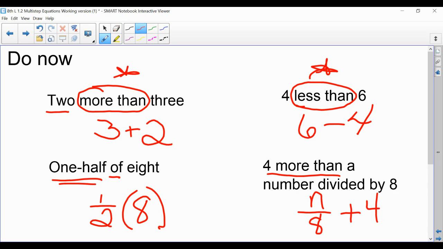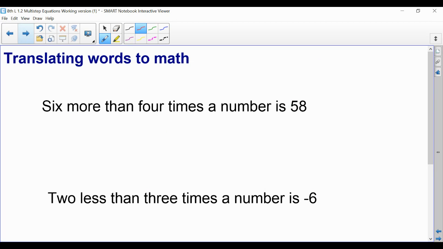But then we need to turn those into equations. So that's going to be more words that we need to think about, and this is when your equal words come in. And if we look at the first one, we have 6 more than 4 times a number is 58. So we have 6 more than.